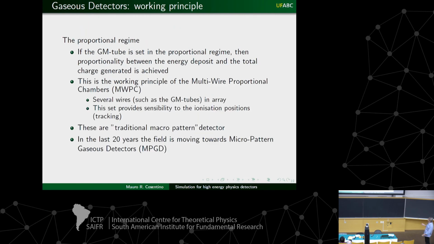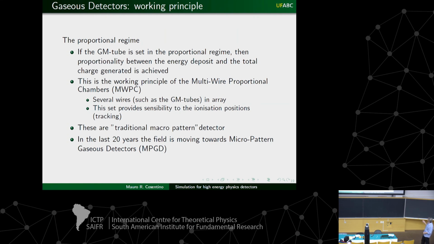So you want the proportional regime to make the energy measurement. Basically, it's the same thing as the Geiger-Müller tube, but you change some of the settings, such as the composition of the gas or the intensity of the fields. And then you have a signal response that is proportional to the energy that was deposited in your detector, right?